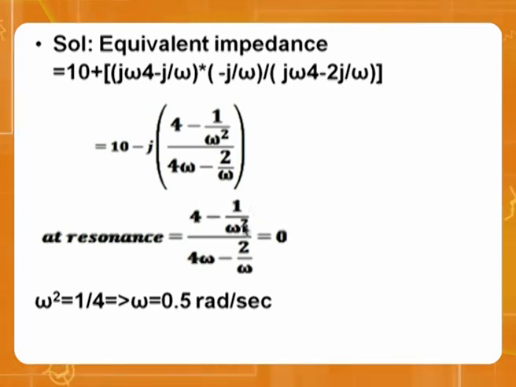Therefore, 4 is equal to 1 by omega square. Omega square is 1 by 4. Therefore, omega is root of 1 by 4, that means 1 by 2. 1 by 2 means 0.5 radians per second. So 0.5 radians per second is the value here.